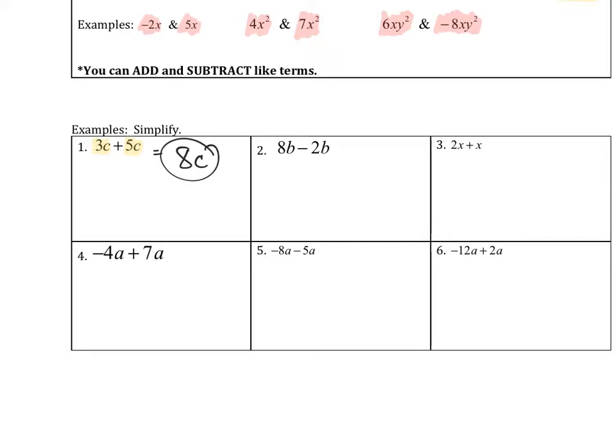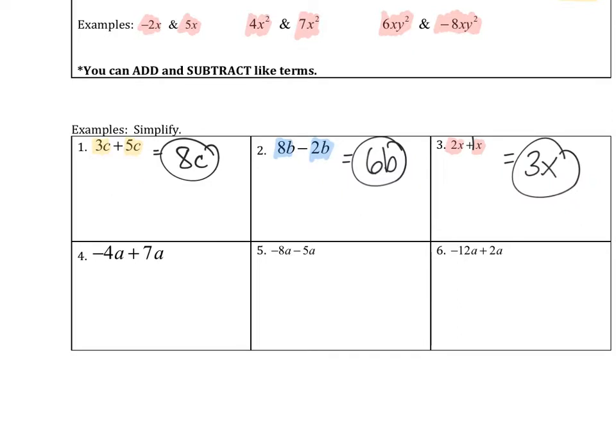Look at our next example. 8b and 2b are like terms because they both have the same variable, so we can subtract. 8 minus 2 is 6b. In the next one, we have like terms, 2x and x, same variable raised to the same power. So 2x plus 1x, there was always an imaginary 1 out front of a variable, is 3x.